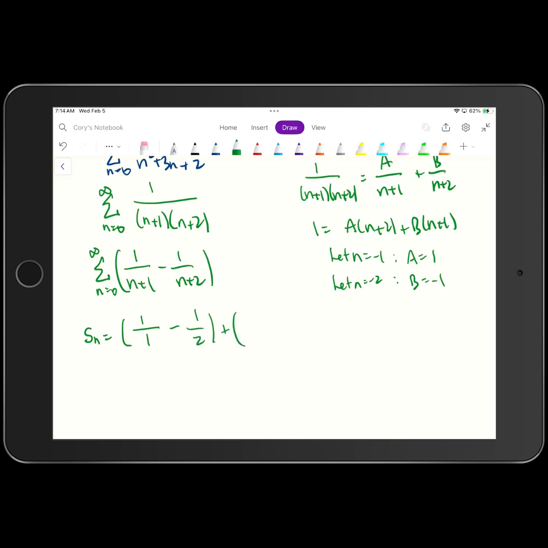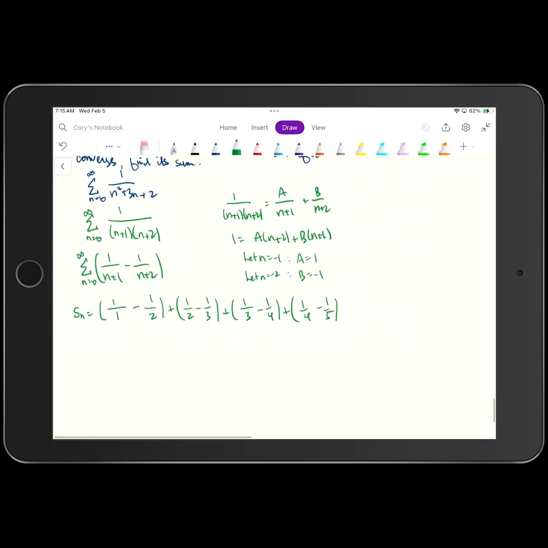Next term we get by plugging 1 in the place of n, so we get 1 half minus 1 over 3. Then plugging 2 in the place of n gives me 1/3 minus 1/4. Next term would be 1/4 minus 1/5. And then we would keep going until we get to the last term, which we get by plugging n in the place of n. So we get 1 over n plus 1 minus 1 over n plus 2.